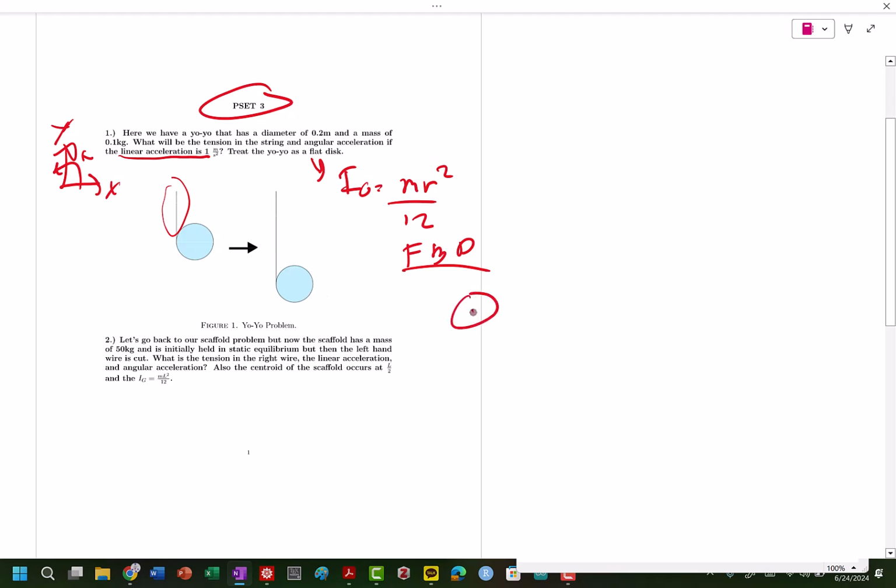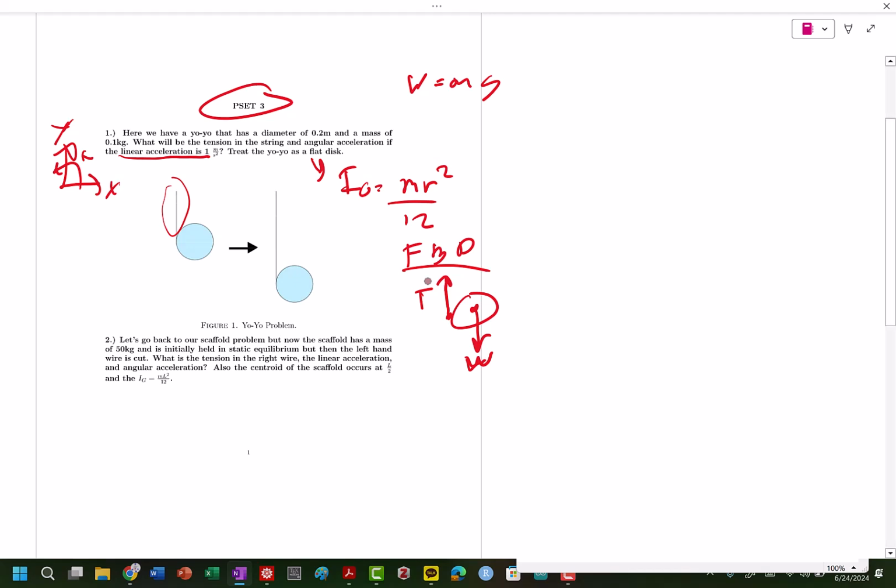Our yo-yo is going to have some weight, where weight is equal to mass times g. We're also going to have some tension right here, going in this direction. So the weight of the yo-yo makes it fall, and it's going to have some linear acceleration. We're just going to assume that it falls from here.